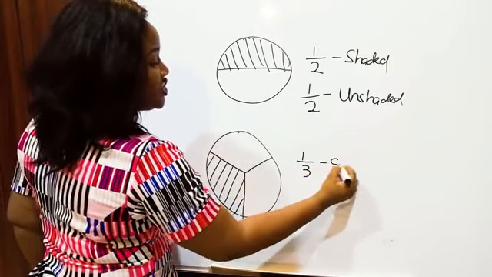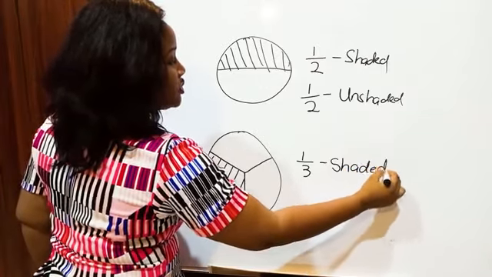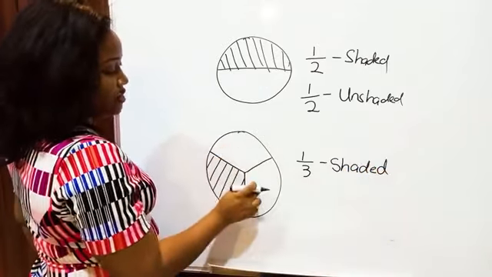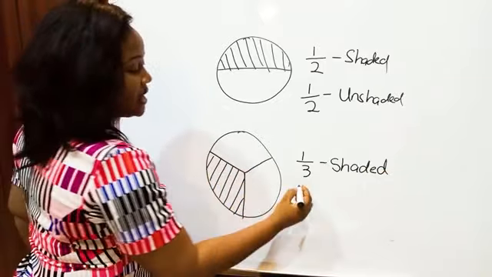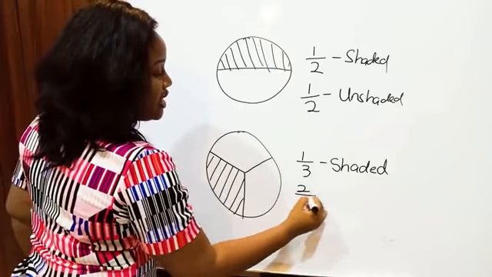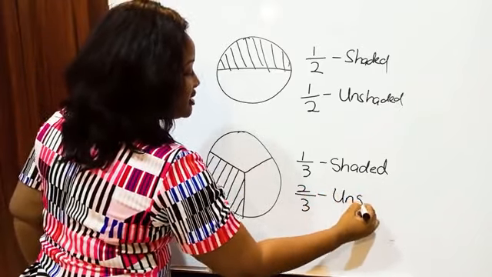That's our shaded portion, while the unshaded portion is 2 out of 3 equal parts. We have 2 over 3, which is the unshaded part.